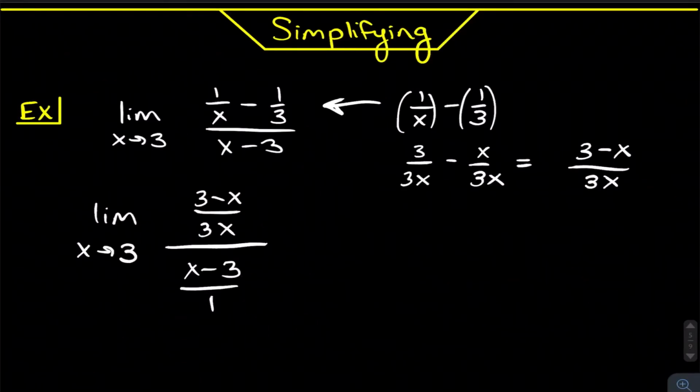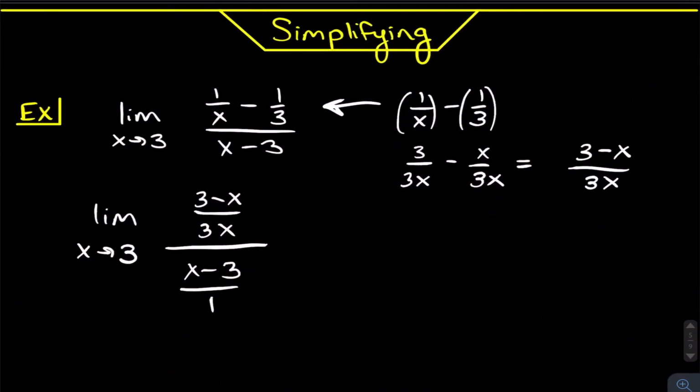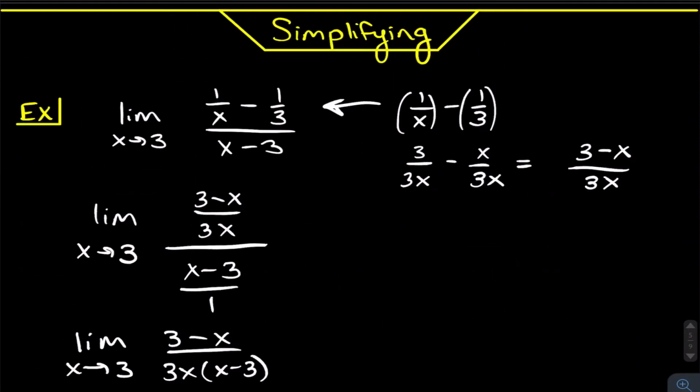So you can write this as the limit as x approaches 3 of (3 minus x) over (3x times (x minus 3)). Now, you'll notice that these two are strikingly close. You have a 3 minus x and an x minus 3.